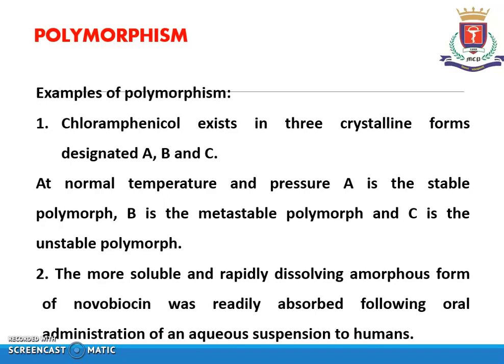A very popular example we are discussing here, chloramphenicol, which exists in three crystalline forms A, B and C. At normal temperature and pressure, A is a stable polymorph as compared to B, which is a metastable polymorph, and C form is unstable. So it is going to affect the physicochemical properties and further absorption of a drug. Second example is the more soluble and rapidly dissolving amorphous form of novobiocin, which was readily absorbed following oral administration of an aqueous suspension to humans.